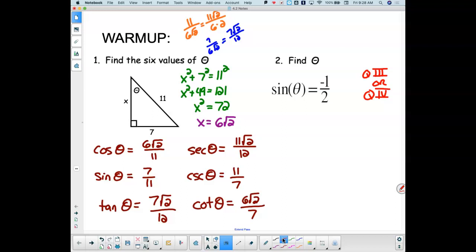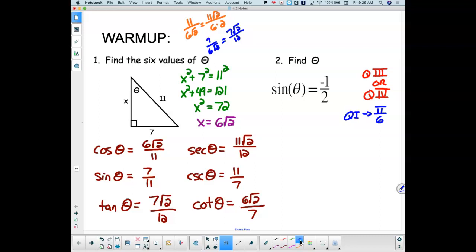Okay. 1/2. So 1/2 is sine, right? So that's pi over 6, if I was in quadrant 1. Okay. So in quadrant number 1, it's pi over 6, which means then in quadrant number 2, it's 5 pi over 6.